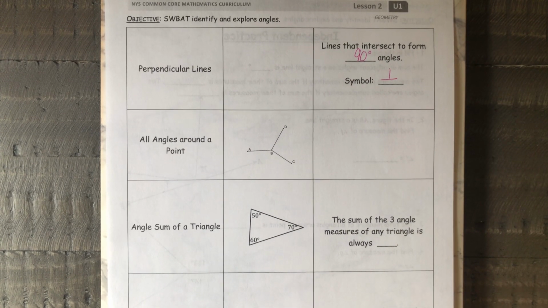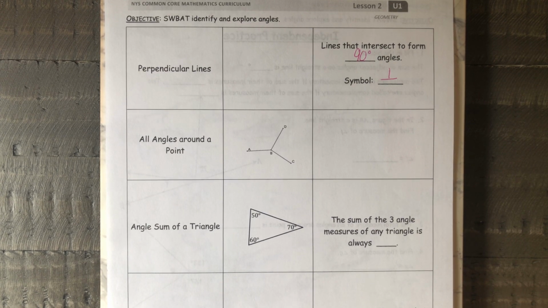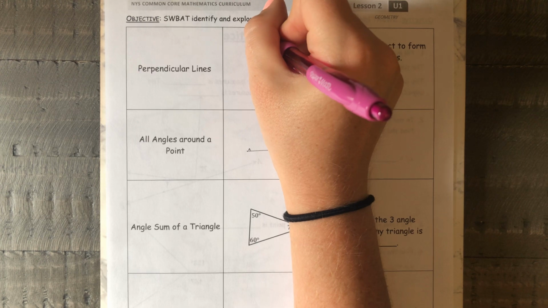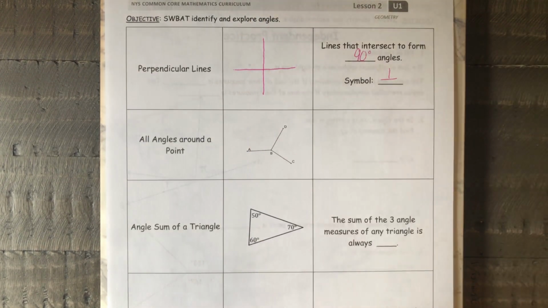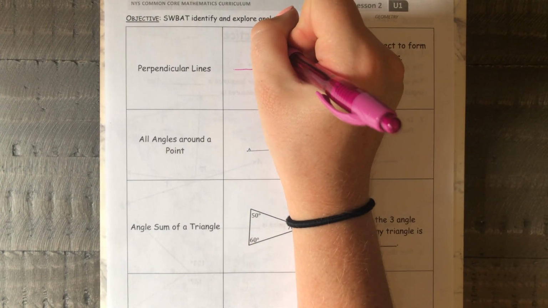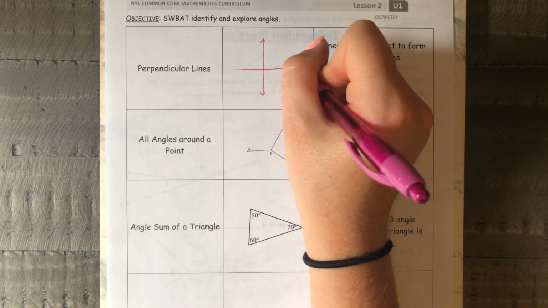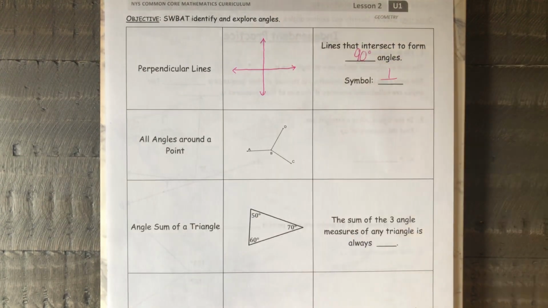So now let's look at the diagram and go ahead and draw that picture. I'm going to draw my perpendicular lines, and I know that they should be forming 90 degrees. So I want them to cross exactly like a T. Lines go on forever, so I have to add those arrows.